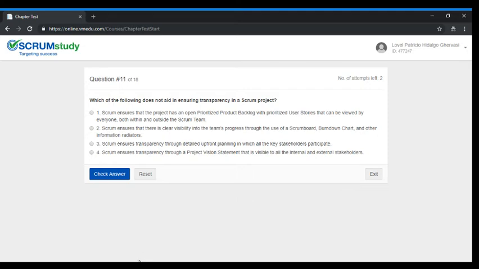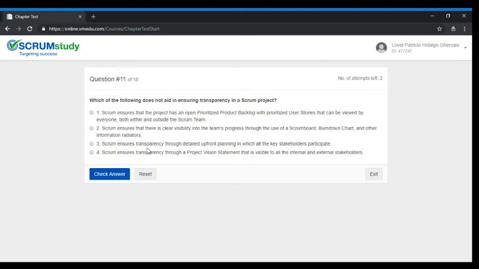¿Cuál de los siguientes no ayuda al aseguramiento de la transparencia en un proyecto? Scrum asegura transparencia mediante una visión del proyecto. Esto sí, esto lo vimos en el capítulo 1. Scrum asegura transparencia mediante planificación transparente con todos los interesados.